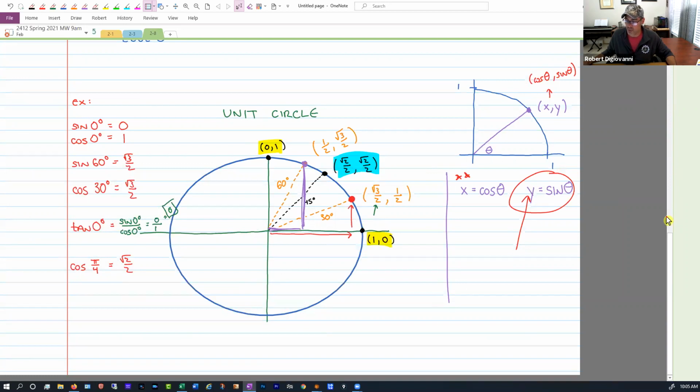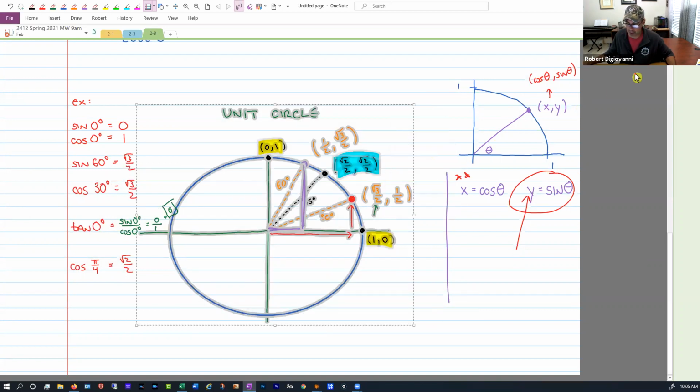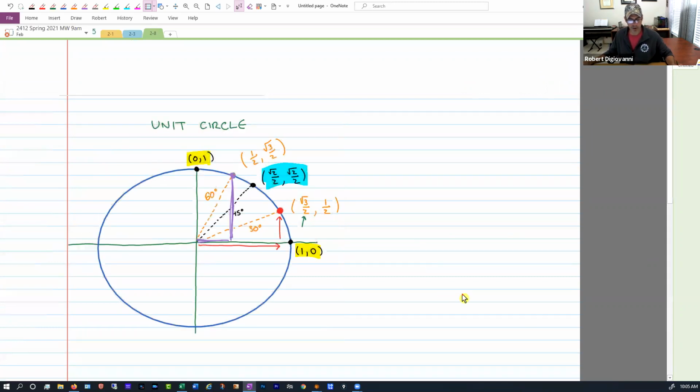So let's do some more, okay? Let's do some more because these do get a little bit challenging when we start doing things other than sine and cosine. Let me copy this and take it with me to the next page. Okay, so let's try this. How about what is secant of 60 degrees?